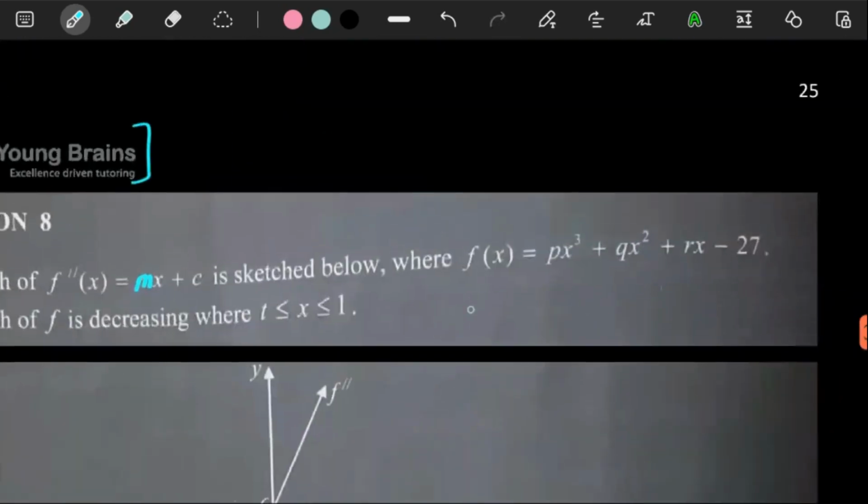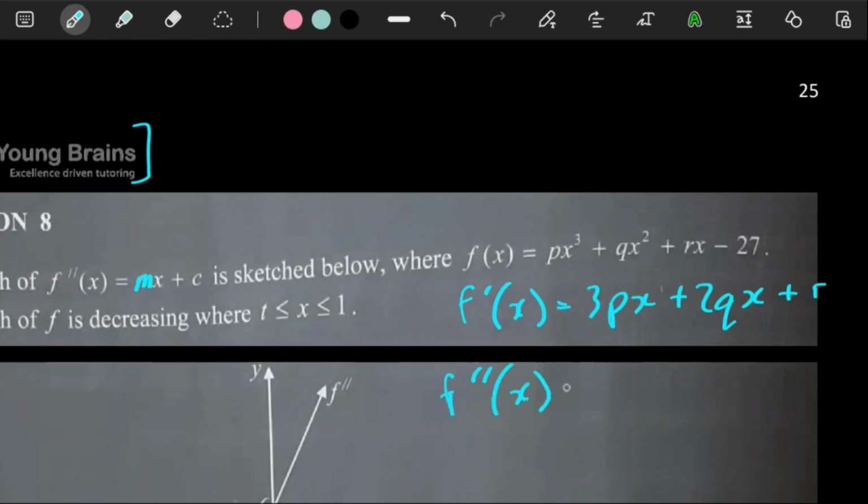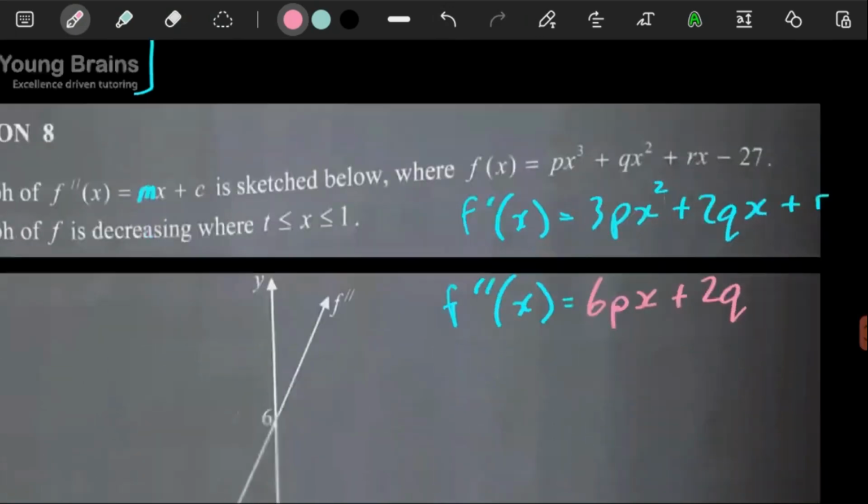If you think of it logically, the first derivative of this function is going to be 3px squared plus 2qx plus r. When you differentiate again, you're going to have 6px, and then differentiating this, plus 2q, and then this is a constant, so it falls away.